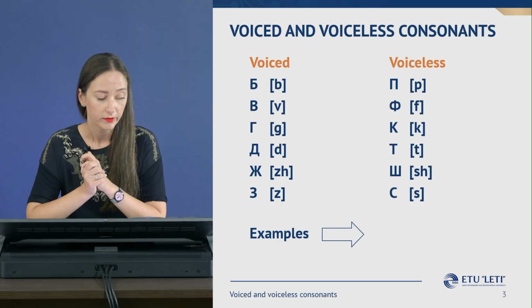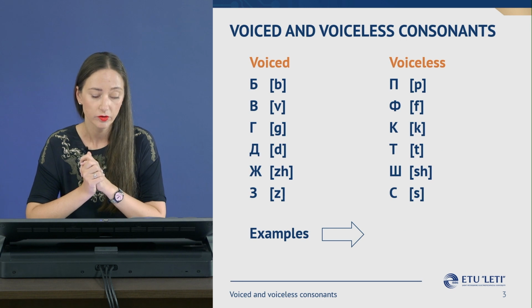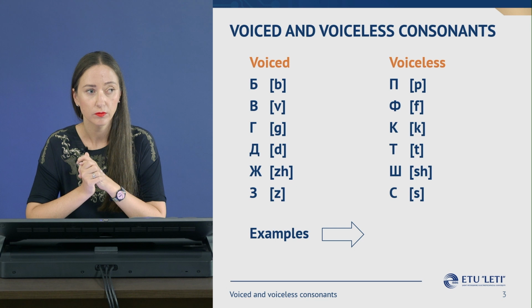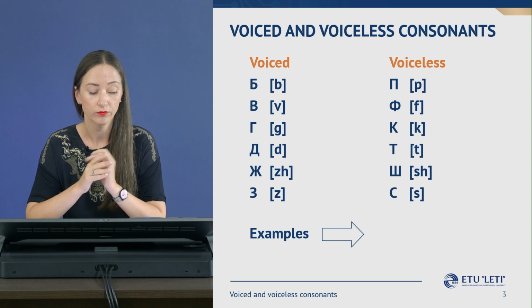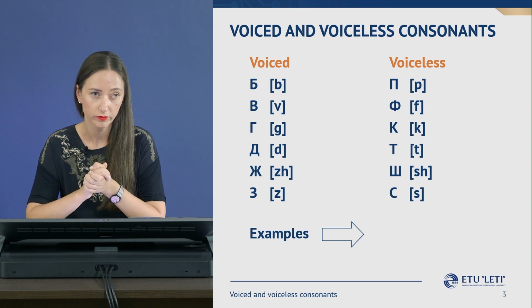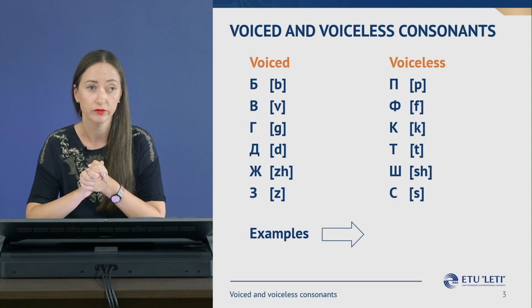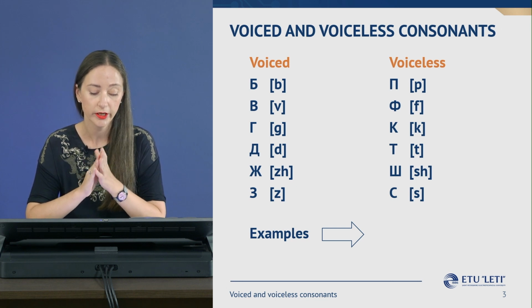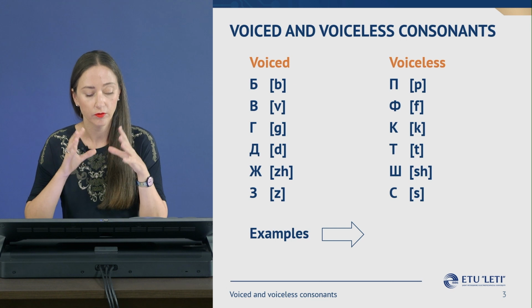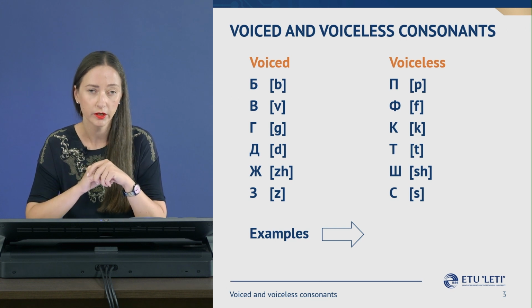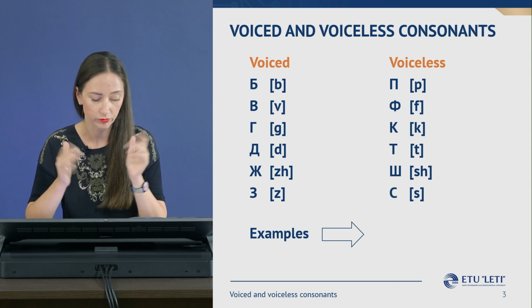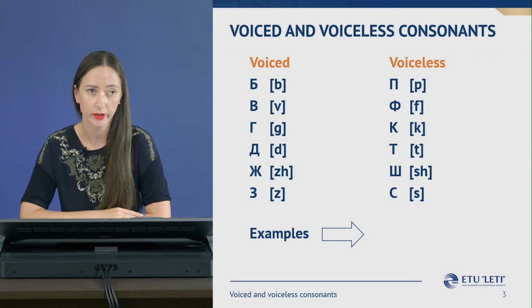So, in Russian, there are 11 pairs of voiced and unvoiced consonants, and here you can see voiced and voiceless hard versions. Later you will find out about the soft versions as well, but today we will remain focused on letters and the actual sounds right here. So I'm going to read the pairs.